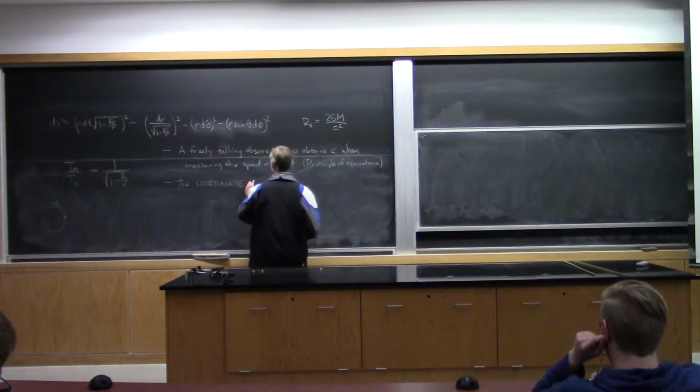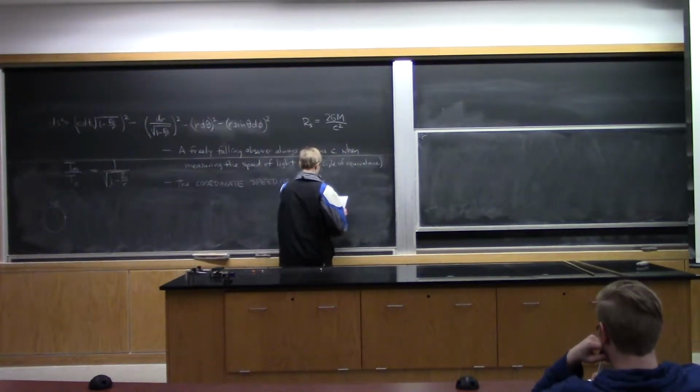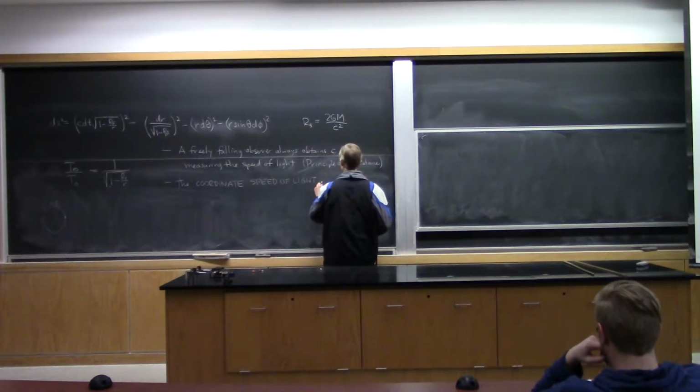The coordinate speed of light differs from c.